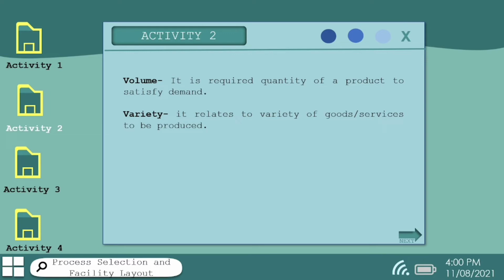So when we say variety, it relates to the variety of goods or services to be produced. Basically, ang variety ay kung ano-ano ang mga produkto at serbisyo na iproproduce sa isang business. So these two, the volume and variety, dito lamang iikot yung 5 process types in every business existing.